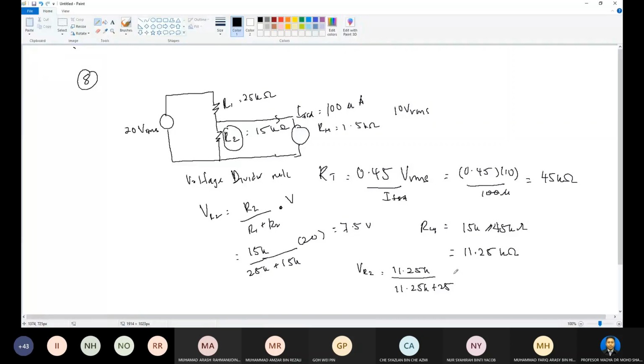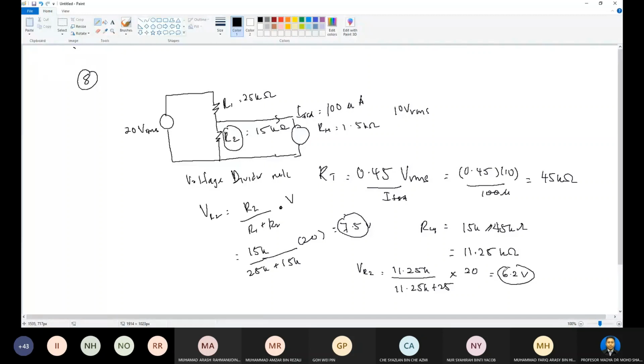So the answer will be 6.2 volts. So if we put the meter here, the reading will be 6.2. Compare this to when we don't put the meter here: theoretically the reading should be 7.5, and when we put the meter here it is reduced to 6.2.